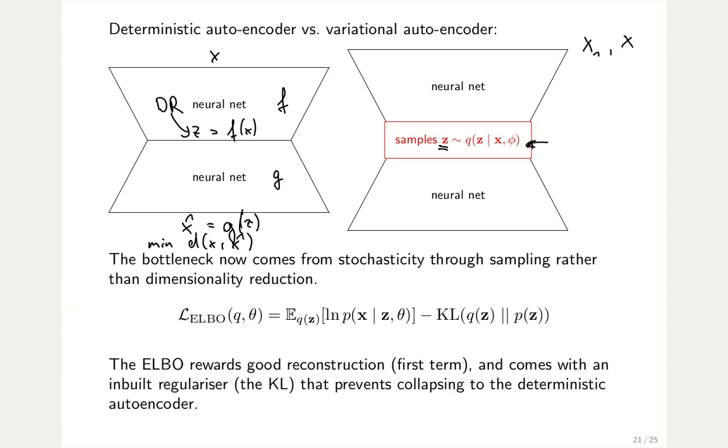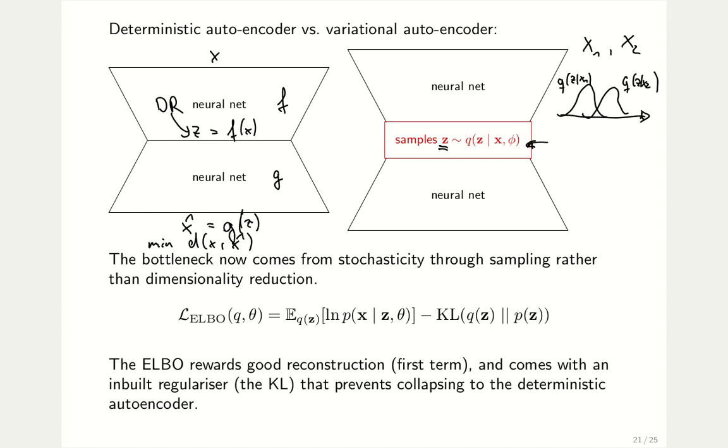We have two data points, x1 and x2, and they're distinct. And now we will look at their approximate posterior distributions. The one for x1 looks like this. So this is the posterior distribution given x1. And this is a sketch of the posterior distribution given x2.